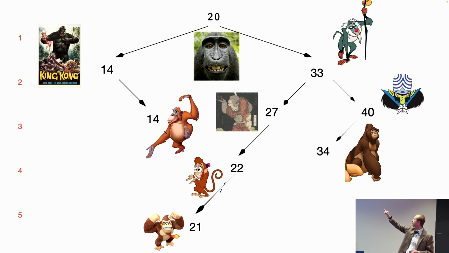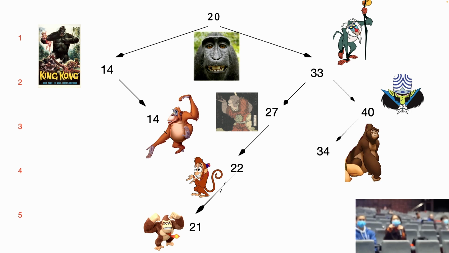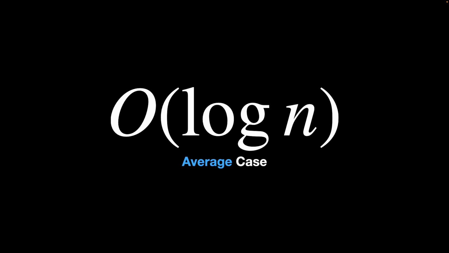So you have to go to the right because it's greater than 20? Yep, it's greater than 20. Is it greater than or less than 33? Less than. So less than 33, less than or equal to 27? Less than 27. And 22? Less. And so it took us 5 steps.